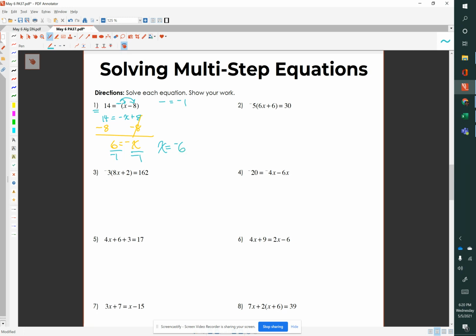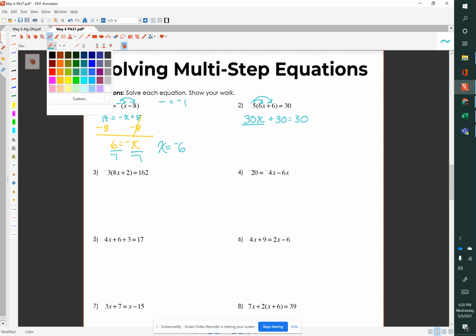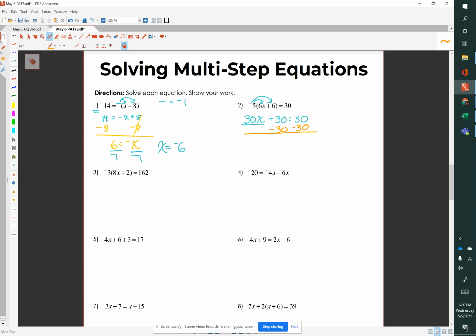In number 2, we need to distribute that 5 through the quantity of 6x plus 6 before we do anything else. So 5 times 6x is 30x, and 5 times 6 is 30. That's a positive 30 equals 30. So we need to isolate this 30x. The first thing we will do is subtract 30 from each side of the equation.